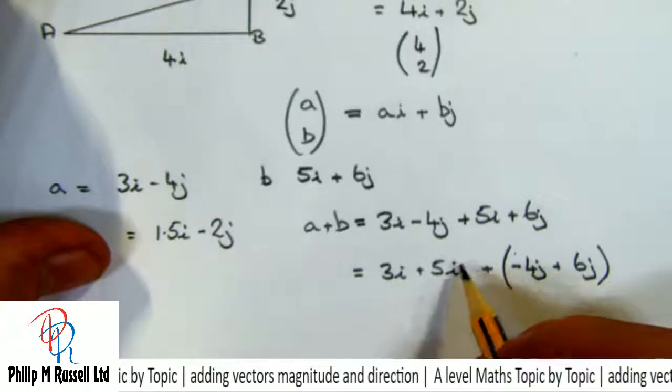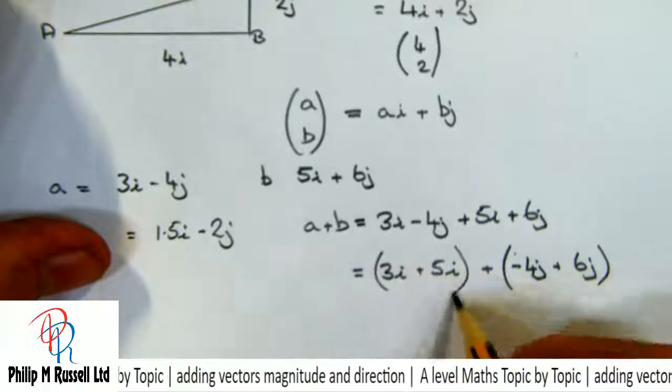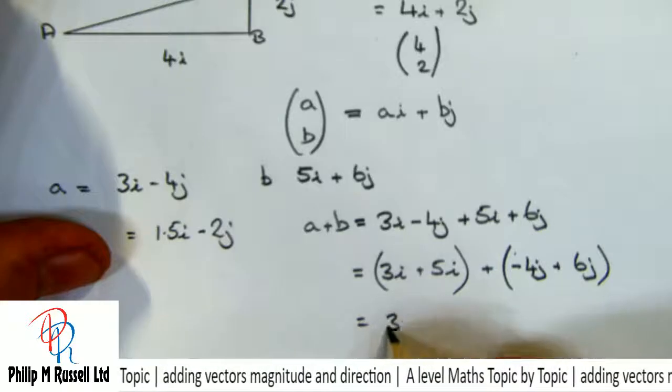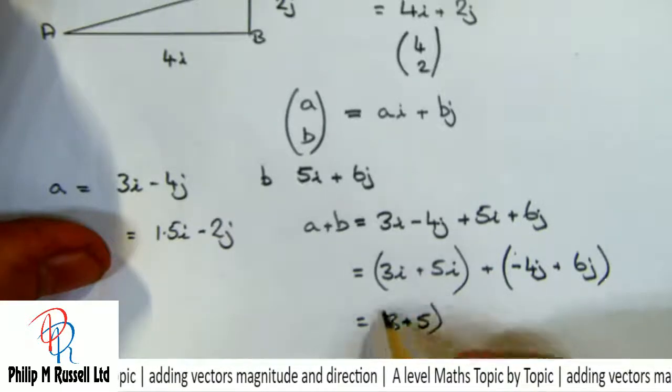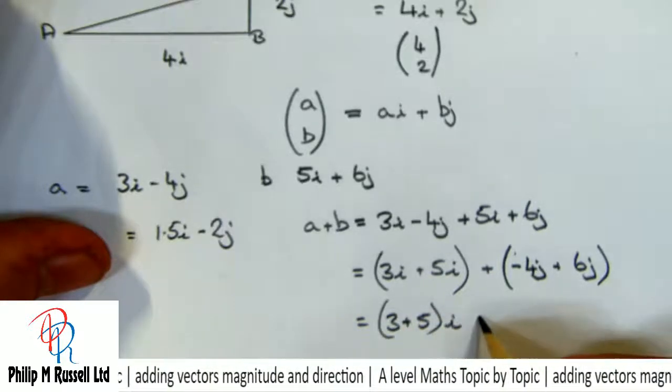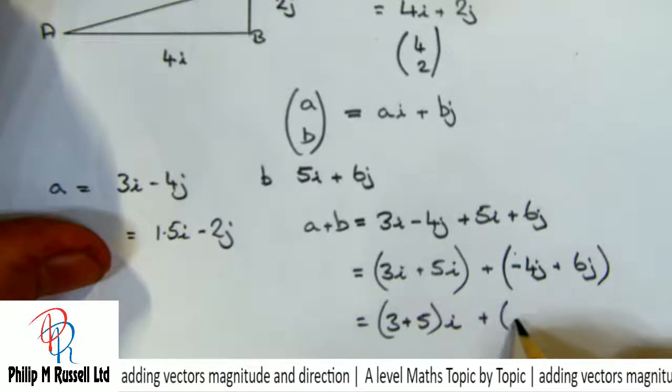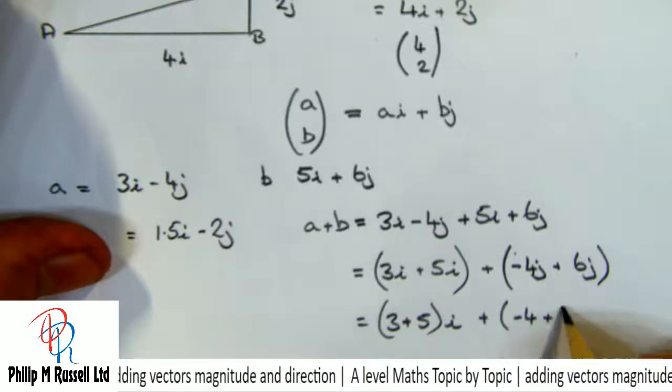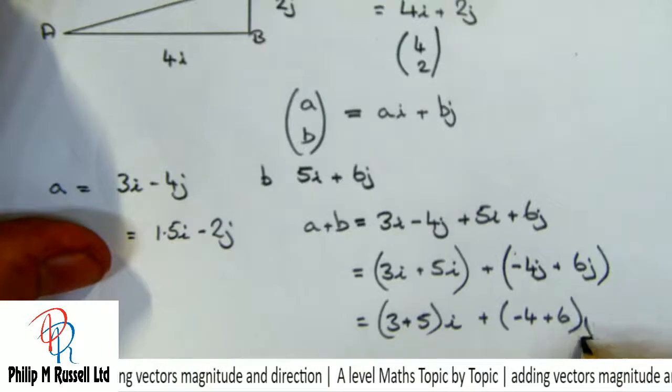And I could, if I prefer, write those as 3 plus 5i plus minus 4 plus 6j.